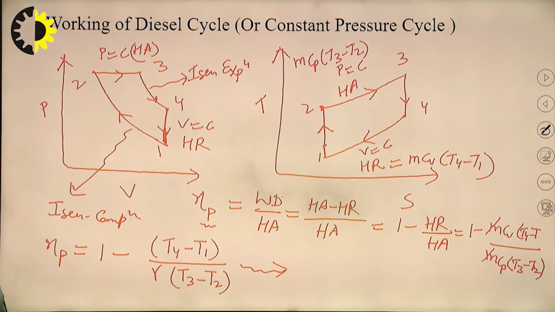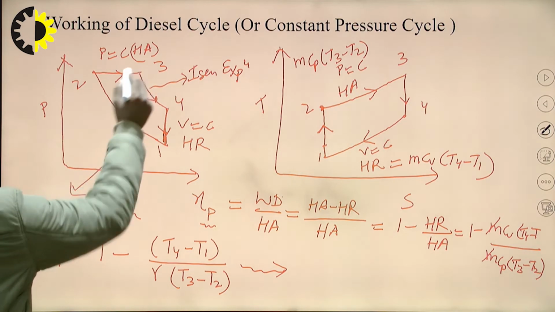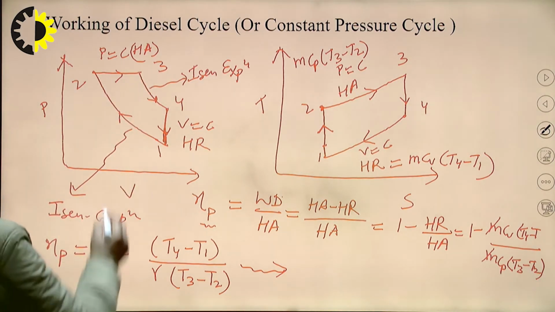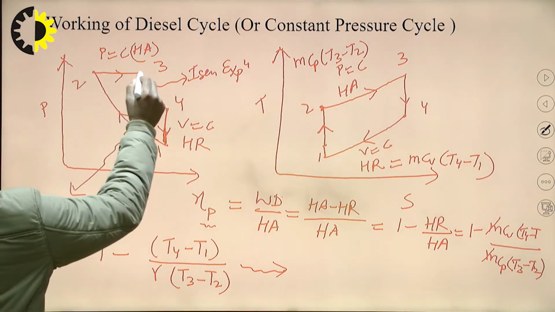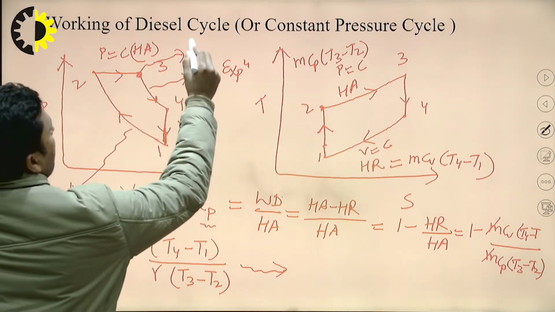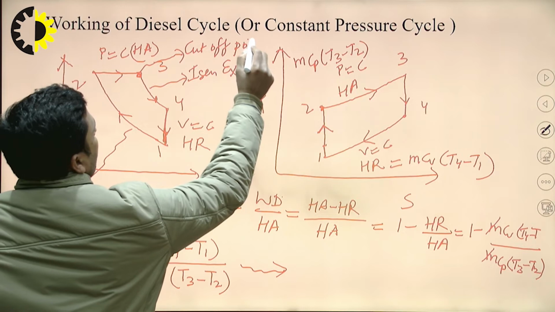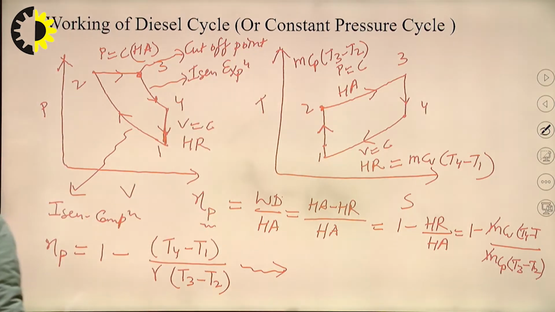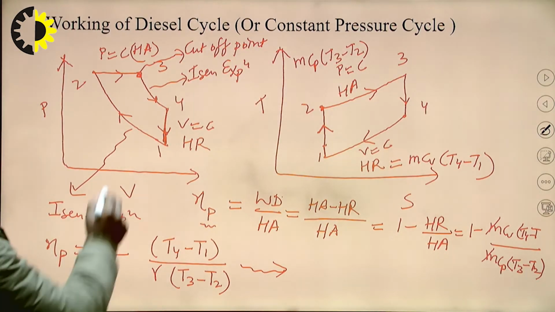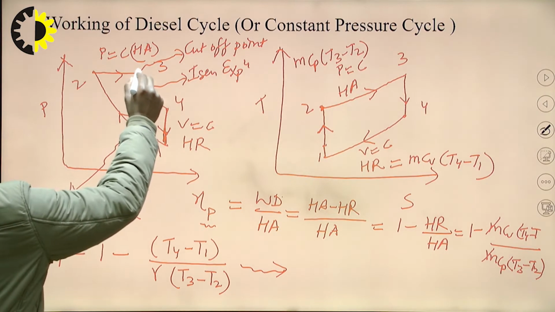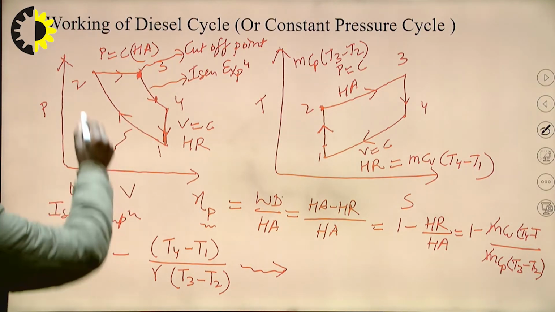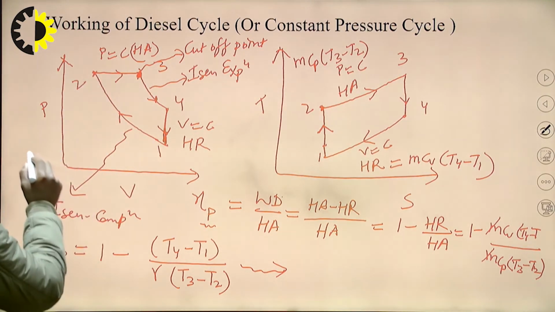So a new term comes into the picture in this diesel cycle, that is the cutoff ratio. Point 3 is known as the cutoff point, because in the diesel cycle fuel supply starts at point 2 and cuts off at point 3.